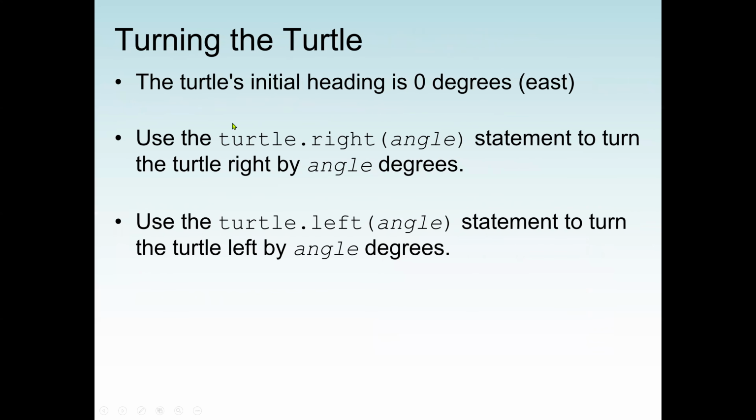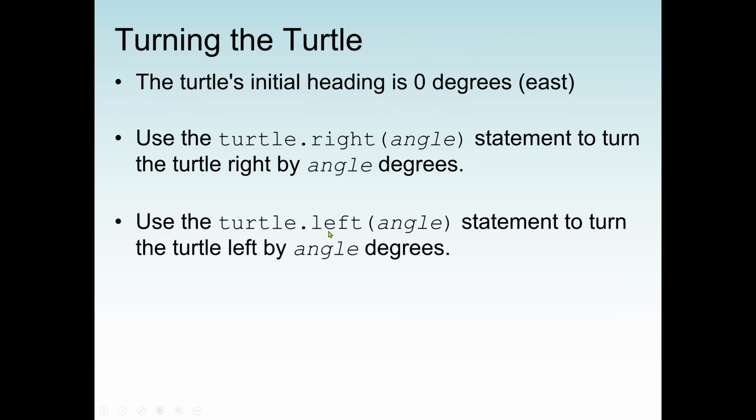Next, the turtle's initial heading is 0 degrees. For example, here we can use turtle.right(angle). The angle can be 90 degrees, 45, it is up to us. So turtle.right with the angle argument turns the turtle right by that angle.